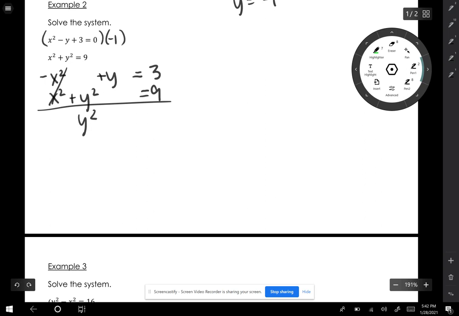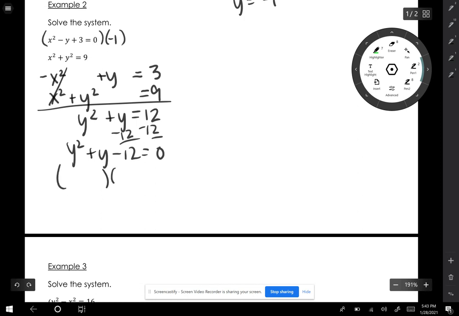There's just that one y squared. There's the one y, and it's going to be equal to 12. I'm going to move that 12 over. Y squared plus y minus 12 equals 0.